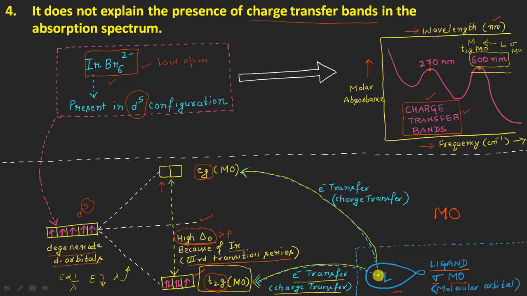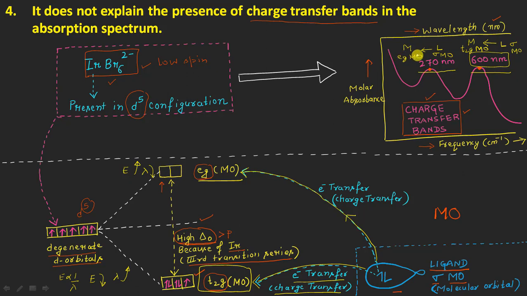And when the electron or the charge is transferred from these ligands to the empty EG molecular orbitals, because the energy here is quite high, the wavelength will come down. We will say that this absorption band at a lower wavelength, that is 270 nanometers, is arising because of the charge transfer from the ligand sigma molecular orbitals to the empty metal EG set of molecular orbitals, right?